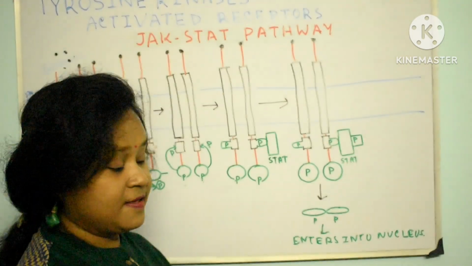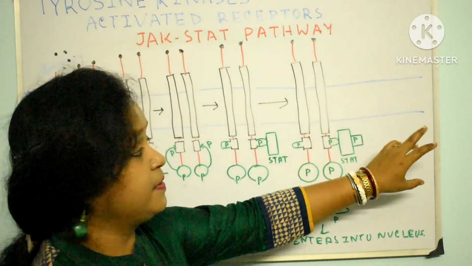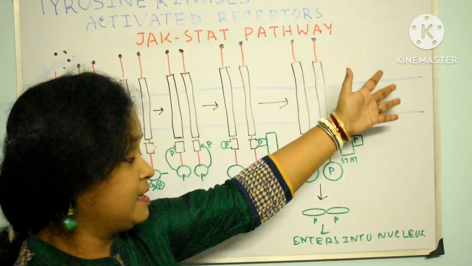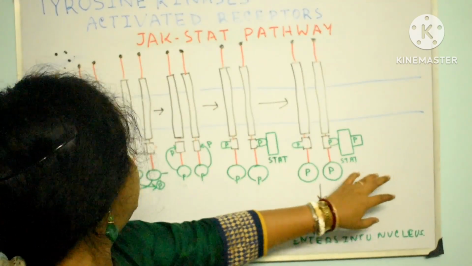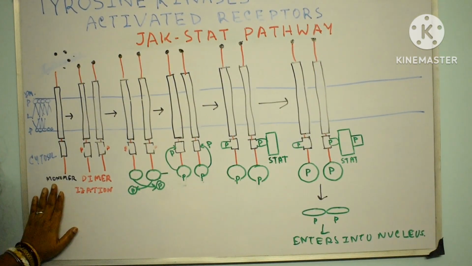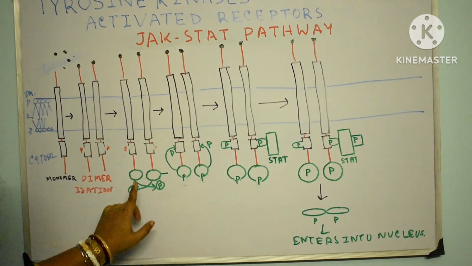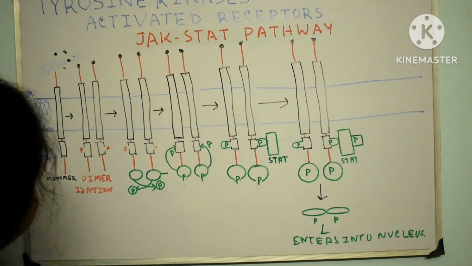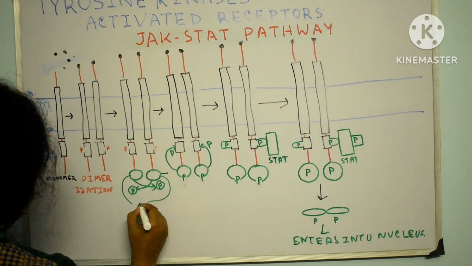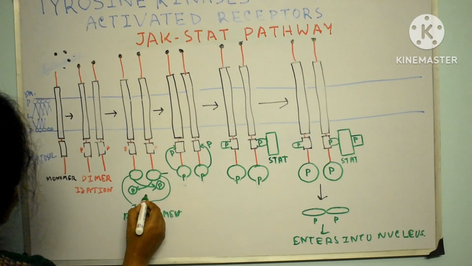Let's summarize this figure. This is the plasma membrane, the phospholipid layer, the external environment from which the ligand is coming, and this is the cytosolic environment. These are ligands coming. The first step is the monomer, the second step is dimerization, the third step is attachment. These are all Jak. These are JAKs. Jak attachment, they can cross phosphorylate each other.